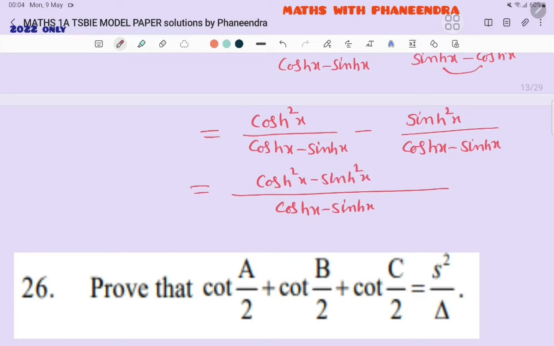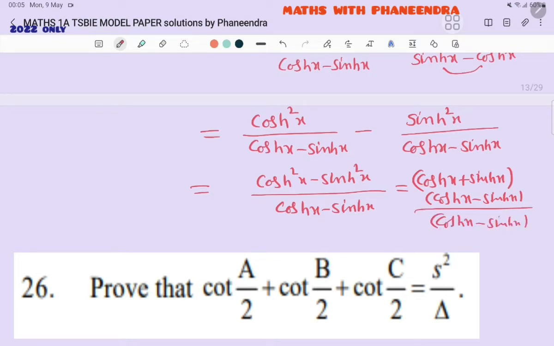So from the identity of hyperbolic trigonometry, this can be written as (cos hx plus sin hx) into (cos hx minus sin hx), whole divided by cos hx minus sin hx. So these two will be cancelled. The rest of the term is cos hx plus sin hx, which is the required RHS.